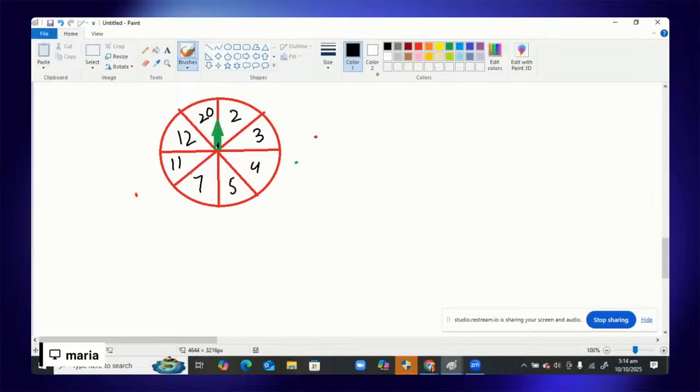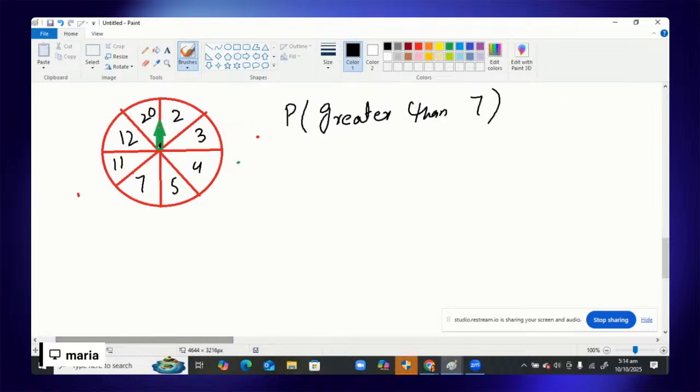We are just going to write here, finding out the probability of greater than 7. Now, everyone tell me, what is the probability that the number is greater than 7?